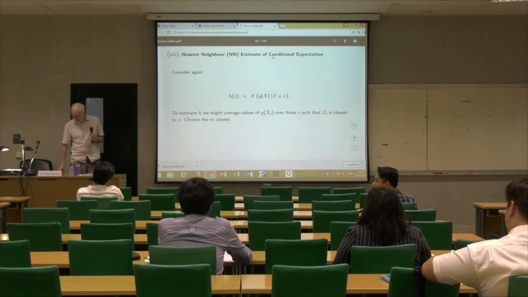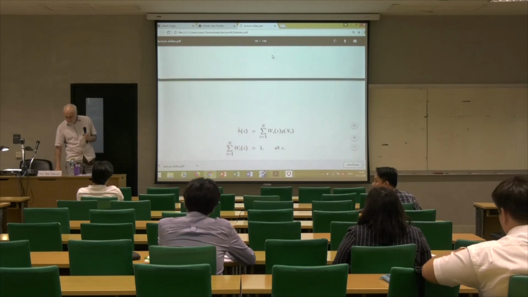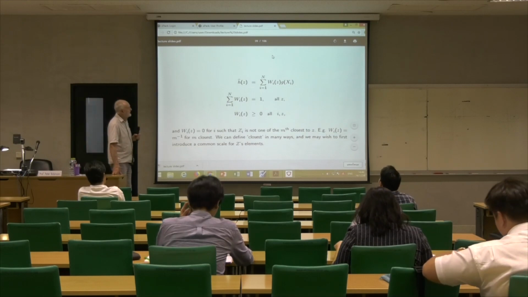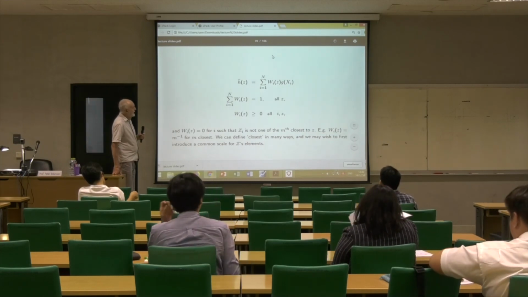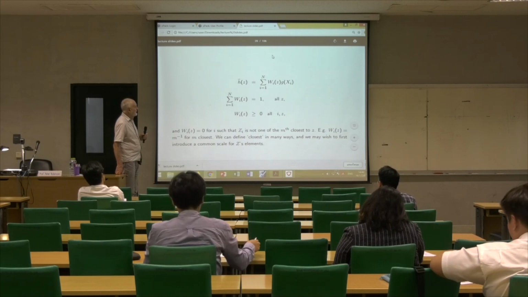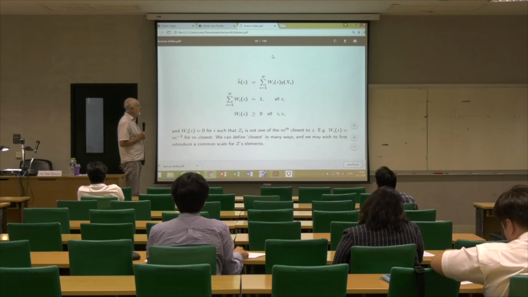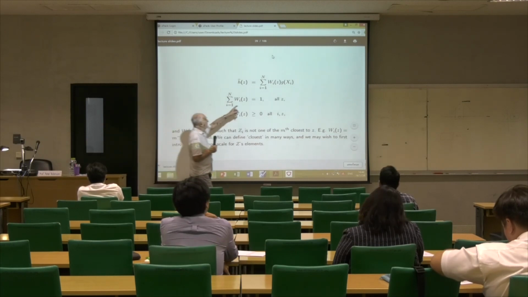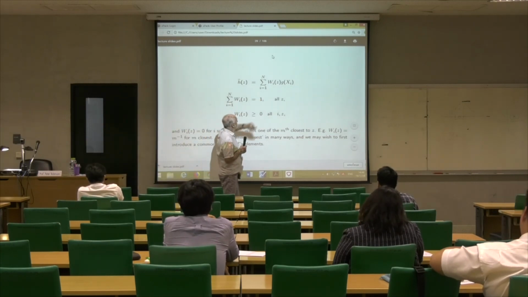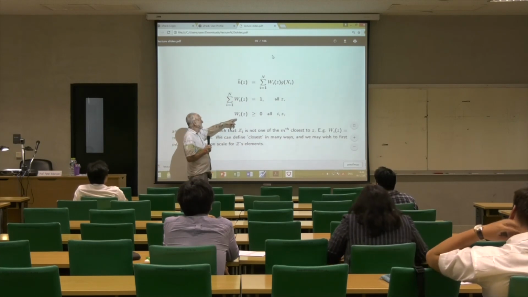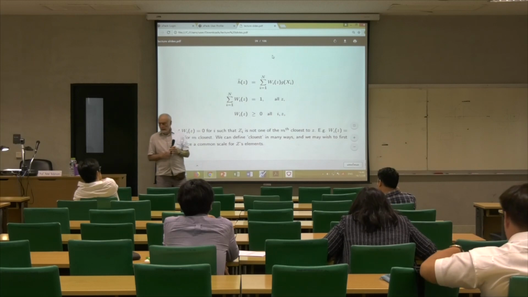And so it looks like this, h hat of z, where these weights typically are going to be either 1 or 0. You see, we're doing a summation over all observations n, and the weights add up to 1, and let's say they're all non-negative.